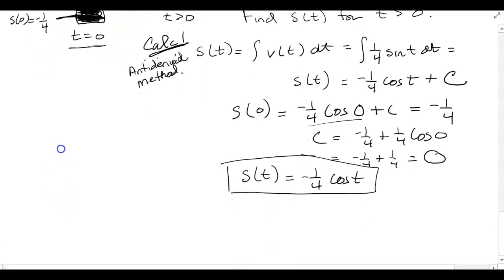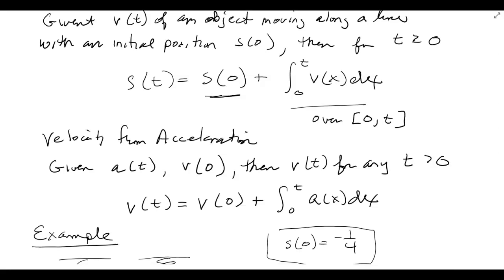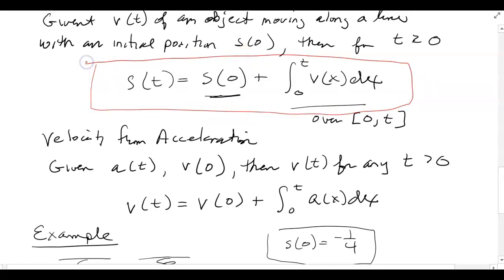Now, that method was not difficult to use. You just had to take a second step to solve an additional equation. But using the theorem we just discussed, let me scroll up, which would be right here, it allows you to do it all in one step. That's all.